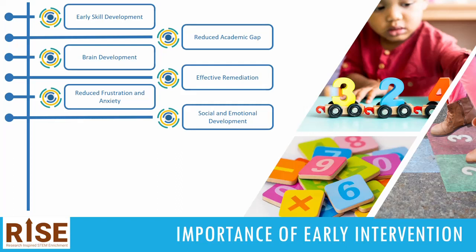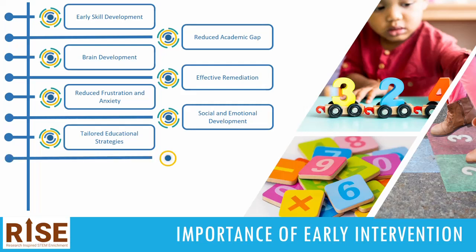Informed educational planning. Tailored educational strategies. With early diagnosis, educators can implement tailored educational strategies and interventions that cater to individual learning needs. Appropriate resource allocation. Schools can allocate resources and support services more effectively when learning disabilities are identified early.